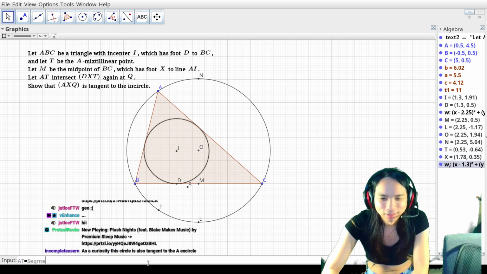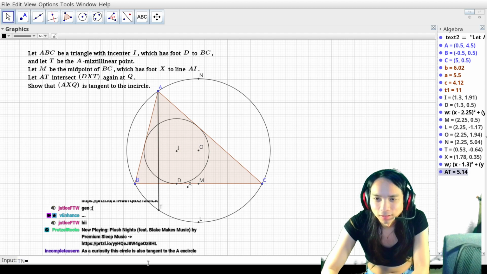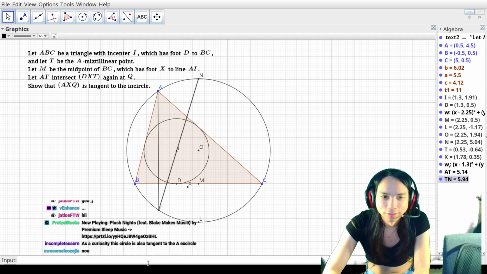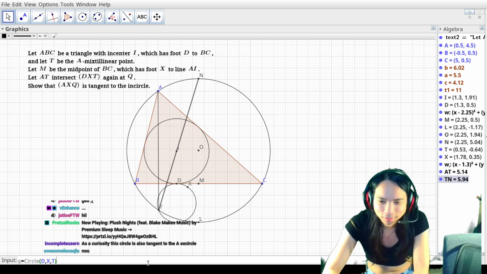So okay, here's AT, here's TN, and then okay, so we have this weird circle DXT. I don't really know what this circle's doing, but I'm supposed to draw the other intersection point.